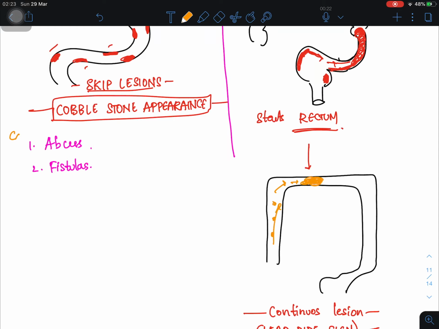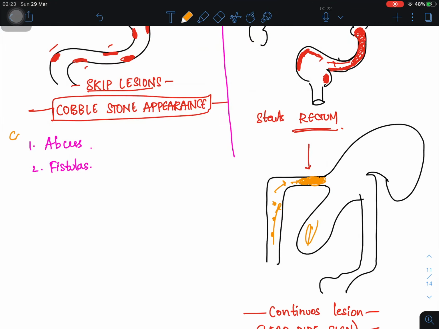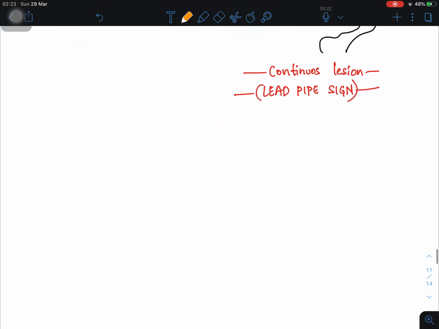The next food accumulates, and at one point your entire colon size increases. So you have a lot of food that has been obstructed, and the colon has become very large. This complication is called toxic megacolon. This is the most important complication.